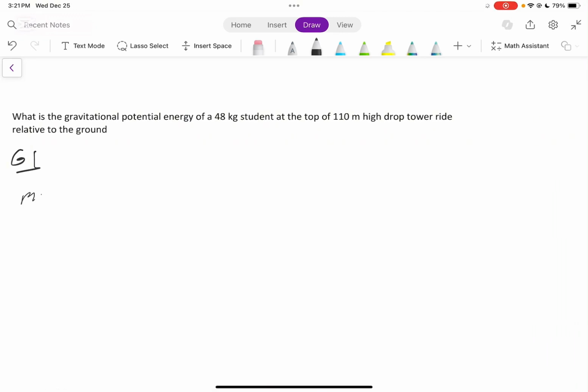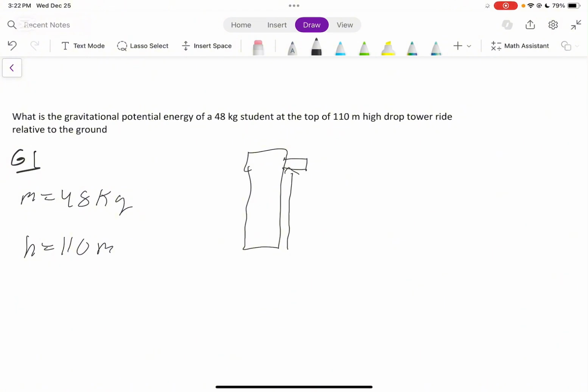We know the mass is simply 48 kilograms, and their height is 110 meters. This is something similar to maybe a high drop tower you'll see at like a museum, at a carnival. It'll be out all the way up here, and this distance up here is 110 meters. So we can calculate their gravitational energy when they're all the way up there.